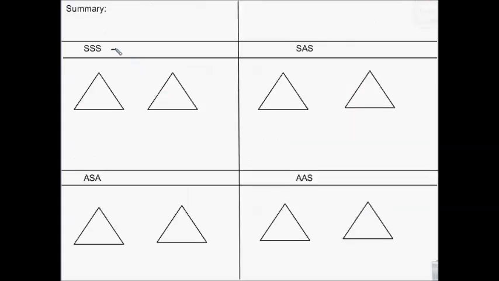Okay, so we have our summary, which is side, side, side. So we're going to have this side, and this side. And then we have side angle side. So you have one side, and then another side, and then the angle between them.